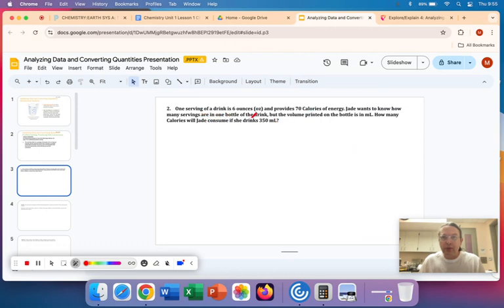How many servings are in one bottle? How many calories will she consume if she drinks 350 milliliters? So we're going to start with what we're given, 350 milliliters.